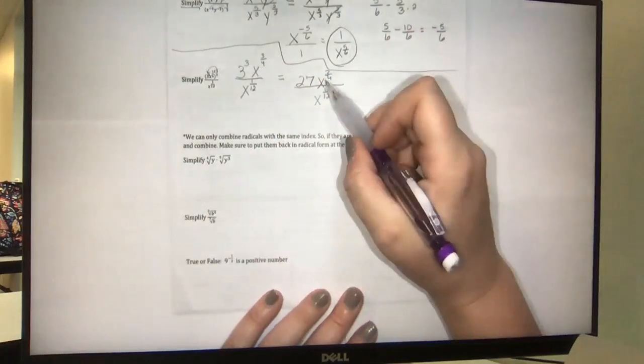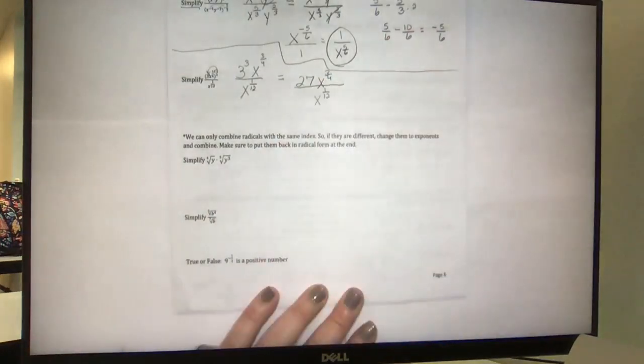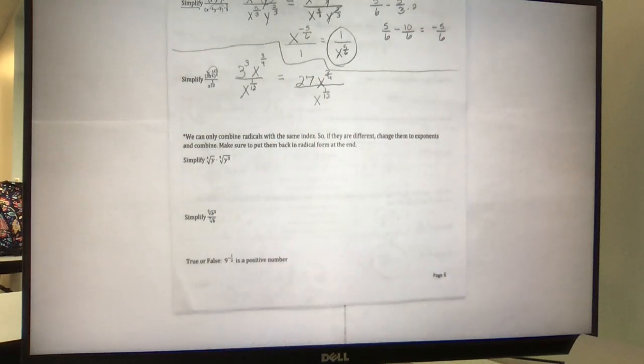Okay, now I have an x over an x. So what am I gonna do with those exponents? Subtract, right? If they're sitting right next to each other on the top or the bottom, I add them. But since we have 1 over the top, I have to subtract. Now our rule has always been biggest minus smallest, and our answer is gonna live where the bigger one was.